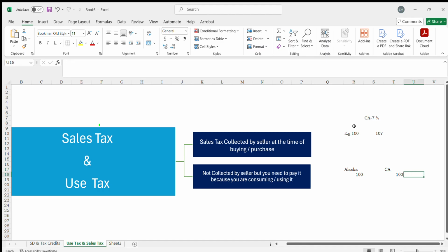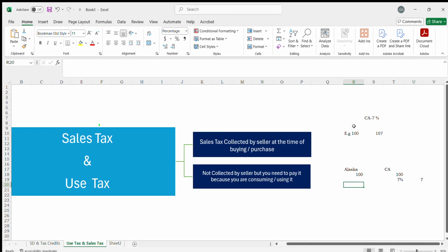So what you need to do is apply the 7% tax here, and give $7 directly to the state, to the government. In the sales tax scenario, the seller has the responsibility of paying the government. But in use tax, the purchaser, the person who is consuming, has the responsibility of paying it directly to the government.